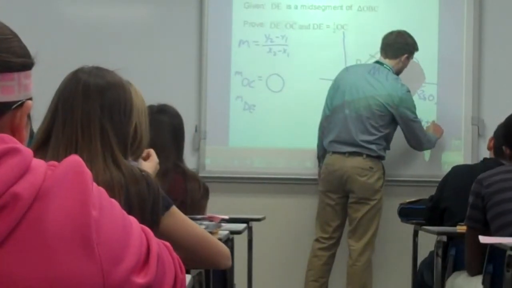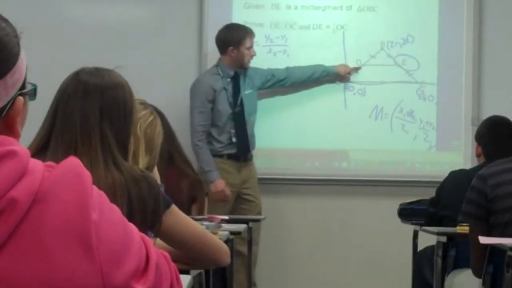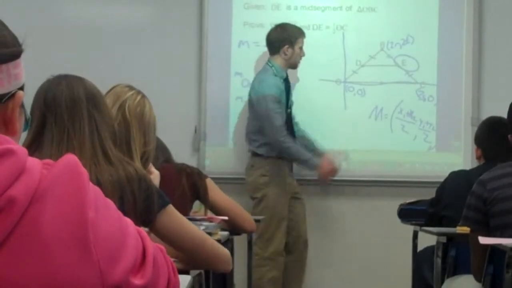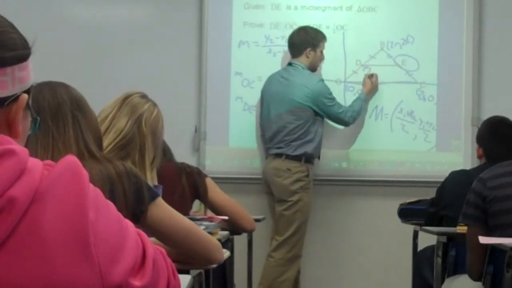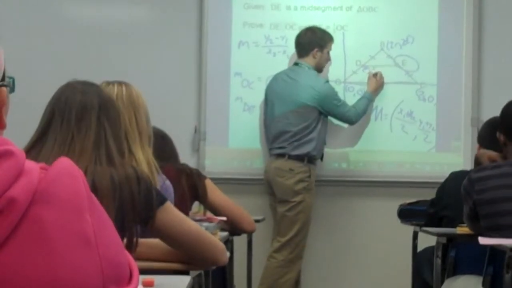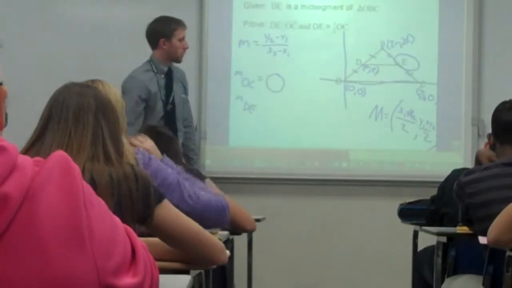Y1 plus Y2 over 2. Remember that? Yes. Okay, so what is our point here? X1 plus X2 divided by 2 is R. Y1 plus Y2 divided by 2 is T. That time it worked. Great. What about E?